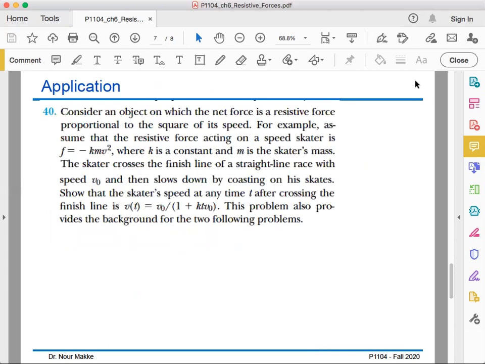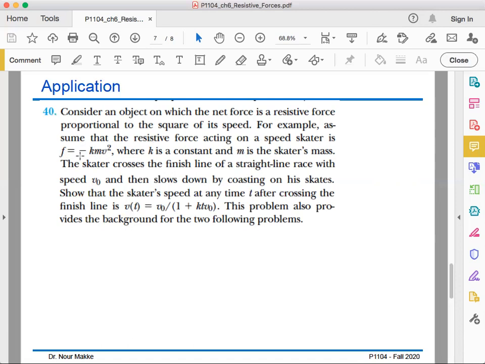We have here one application about this part. We consider an object on which the net force is a resistive force proportional to the square of its speed. For example, assume that the resistive force acting on a speed skater is equal to F, where F is equal to minus K times M times v squared.